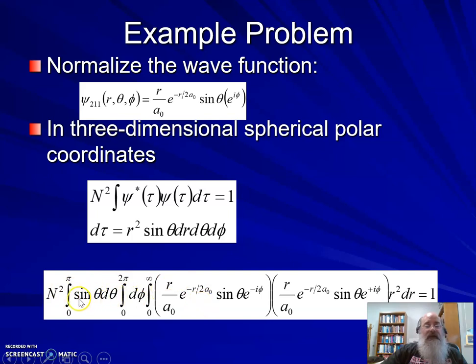We've got sine theta d theta, that's just from the d tau portion. We've got d phi, that's from right here. And then we've got the wave function squared. Now we're going to have to move these theta and phi related terms out to where they belong in this integral before we can do the mathematics. But that's really the only algebra that we have to get done before we can get started.